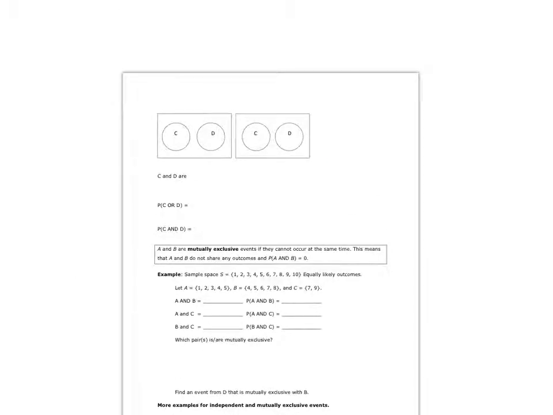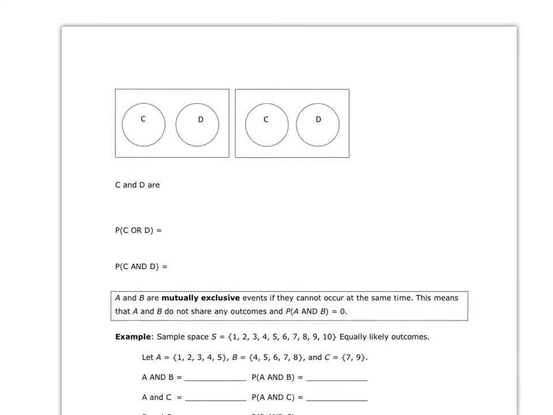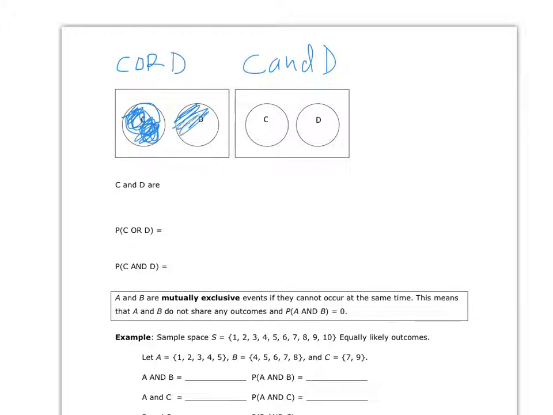On this first one, we'll look at event C or D, and then on the second one we'll look at C and D. If we are going to shade C or D, that's where we have an outcome in C, in D, or in both. So we're going to shade all of C and we're going to shade all of D.